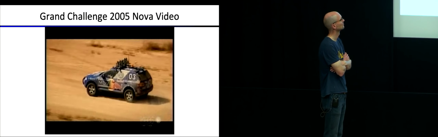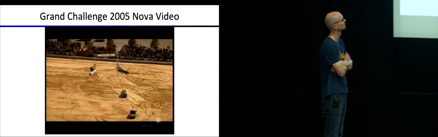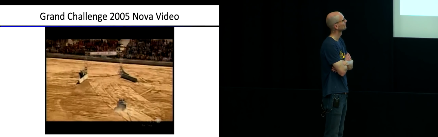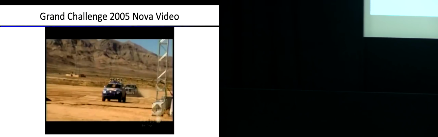After driving 6 hours and 53 minutes at an average speed of 19 miles an hour, Stanley is about to become the first vehicle in history to drive 132 miles by itself.